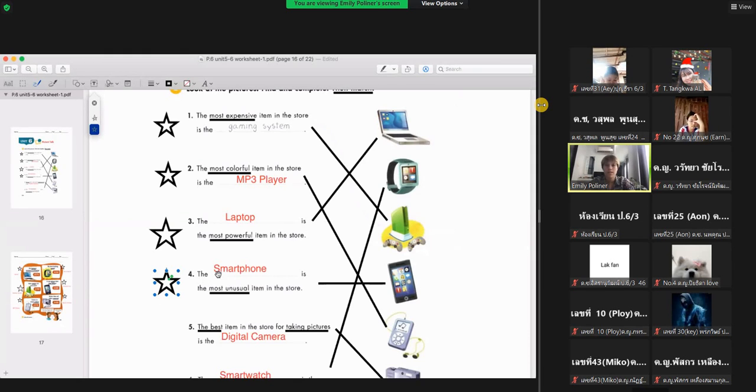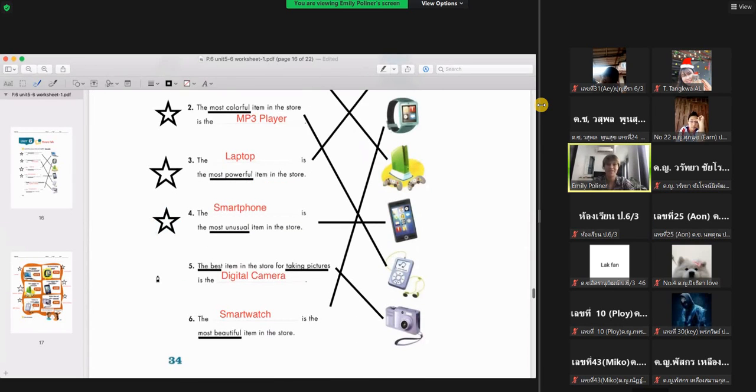Number 4, the smartphone is the most unusual item in the store. The smartphone is the most unusual item in the store. Very good. Number 5.